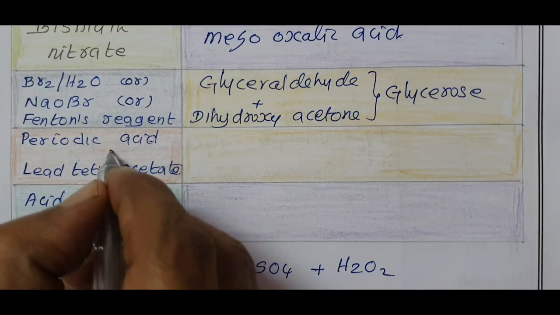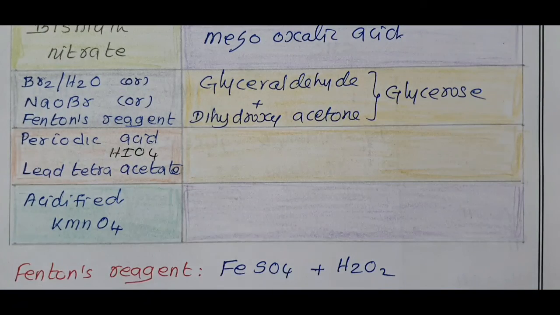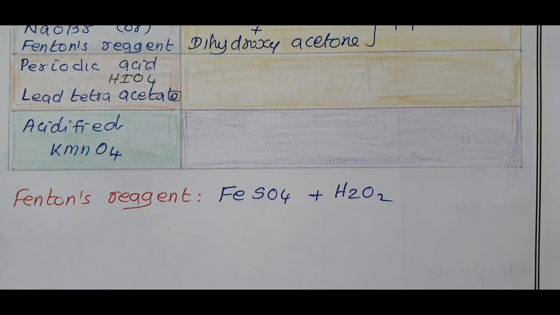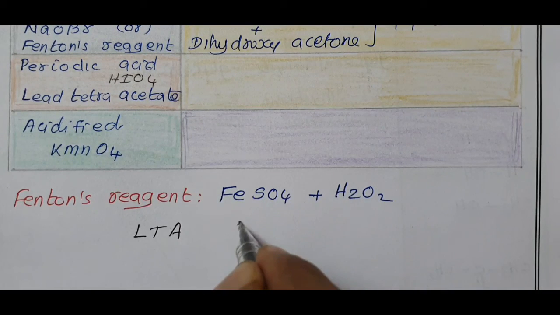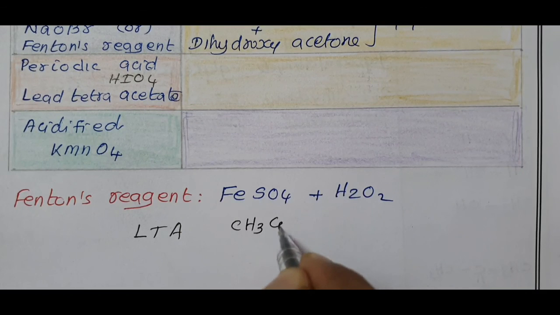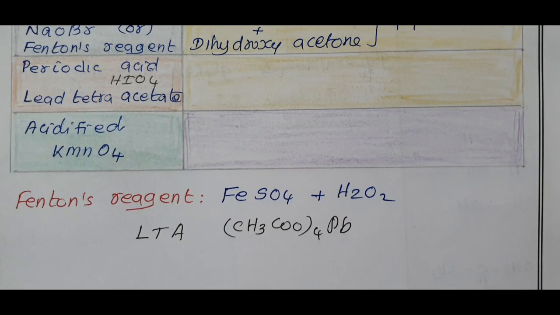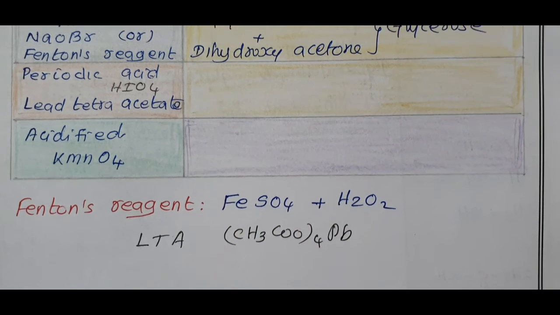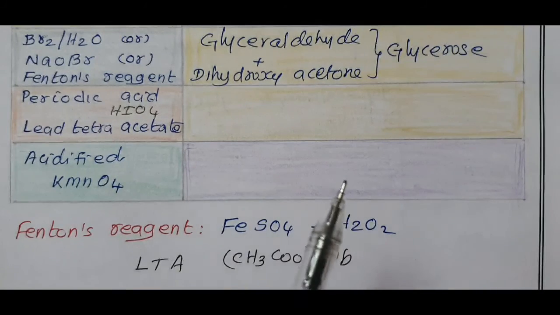Periodic acid, molecular formula HIO4, and lead tetraacetate, CH3COO four times Pb, are used as oxidizing agents. We know wherever you use periodic acid, carbon-carbon bond cleavage takes place.